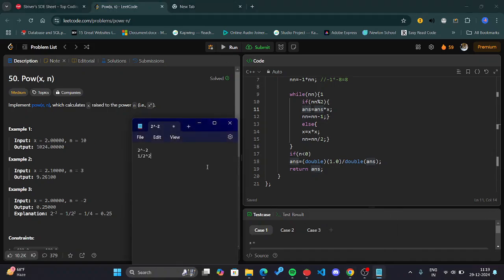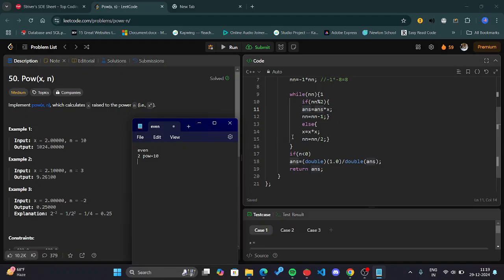So what actually happens here for the even case: this is 2 and the power is 10. We are checking if the power is odd or even. If it's odd, then the if condition is going to work.